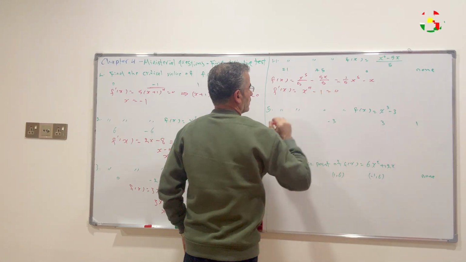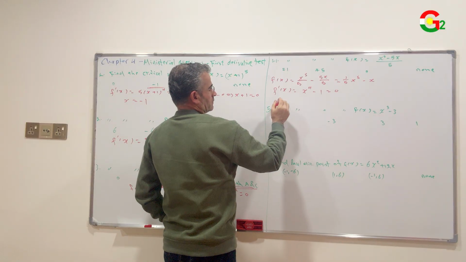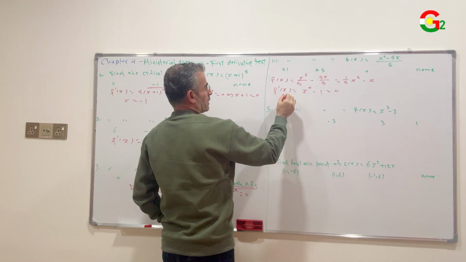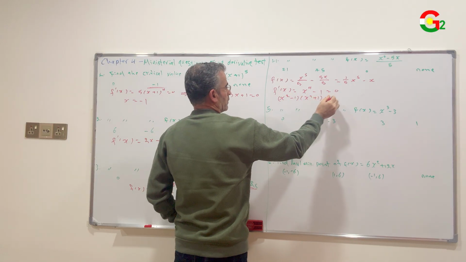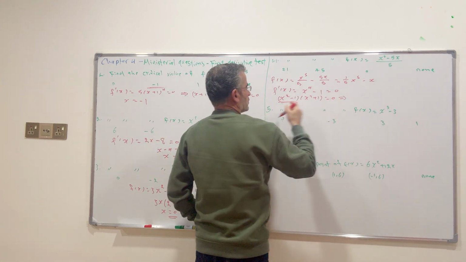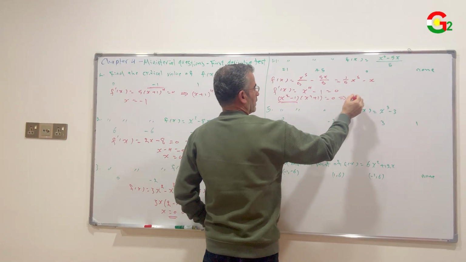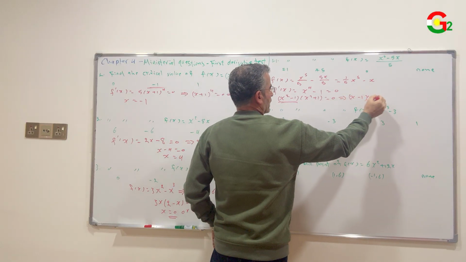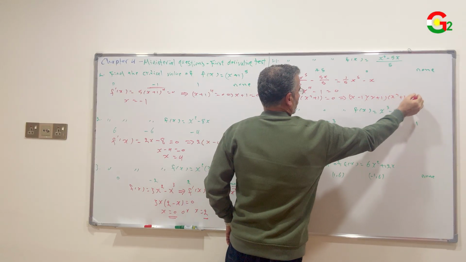Set it equal to 0. Then factorize the difference of two squares: (x power 2 minus 1)(x power 2 plus 1) equals 0. Factorize again the first bracket: (x minus 1)(x plus 1)(x power 2 plus 1) equals 0.